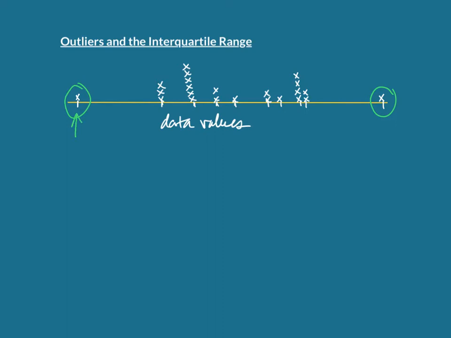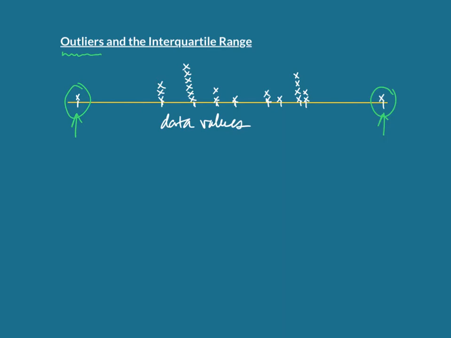Or maybe I accidentally hit two keys at the same time and I type in 625. And so maybe I get a value that's out here. So the question is, how do I tell if it really is that extreme of a data value, something called an outlier? So something that seems really unusual, out of the ordinary, perhaps is a mistake.